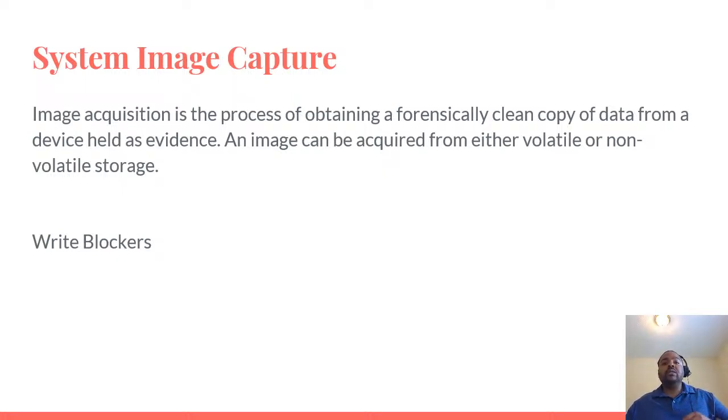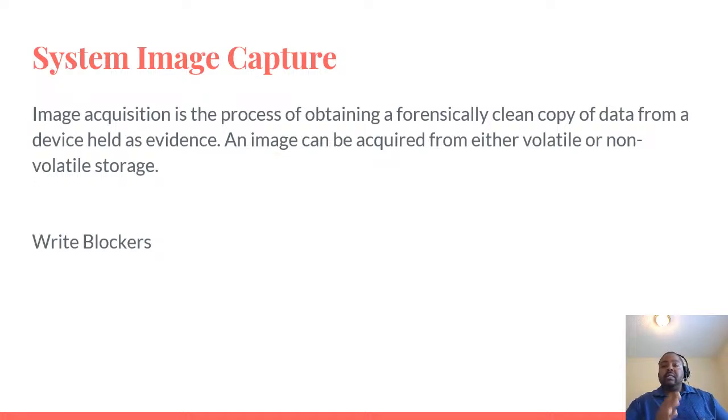Instead of taking the actual machine, his or her laptop, going into it, and moving files over with your mouse, you want to set that off to the side and get what you call a write blocker. Hook your write blocker up to that laptop or the hard drive in that computer, and then take a system image capture of that actual hard drive.